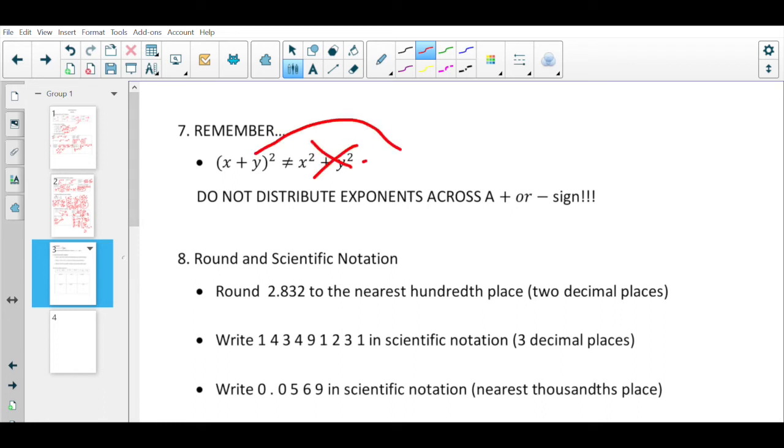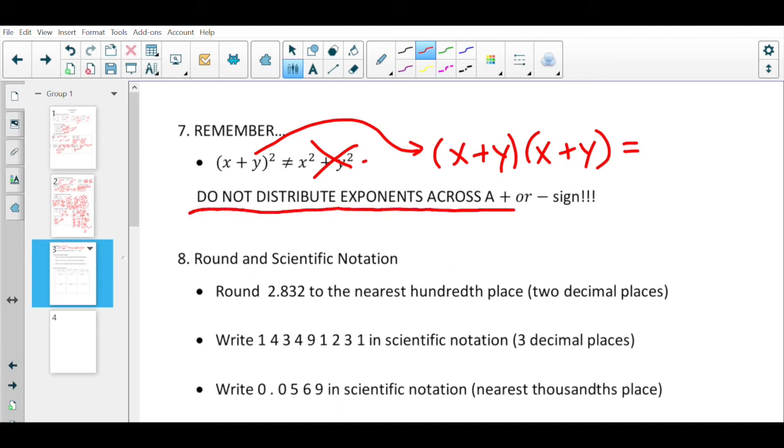What we do know about exponents is that it's repeated multiplication, so that is equal to x plus y times x plus y. And we'll see in our polynomials review what this actually equals. Some of you may already remember using FOIL to multiply all of this together, but we'll leave that for polynomials. Do not distribute exponents across an addition or negative sign.